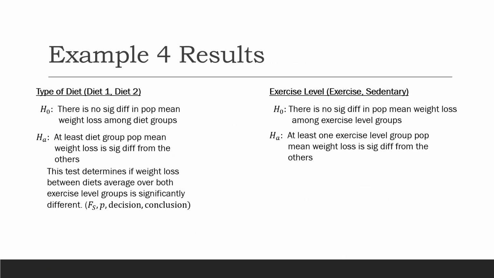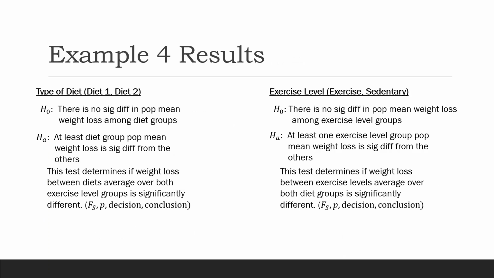That's what I'm doing when I'm testing type of diet as a factor. When I test exercise level as a factor, I'm determining if weight loss between exercise levels averaged over both diet groups is significantly different. So it's not like I'm ignoring the diet group and just looking at the means for the exercise level groups, right, on weight loss. So that's what those tests are doing.